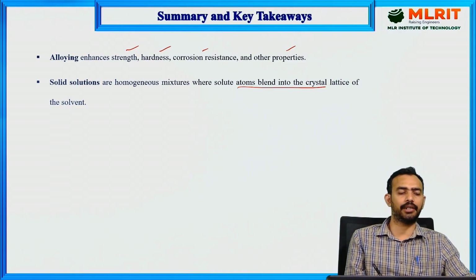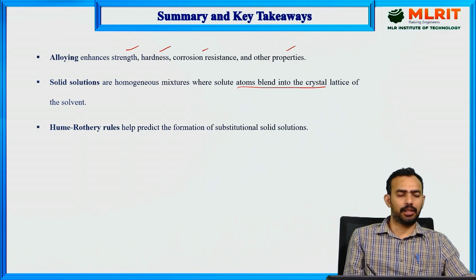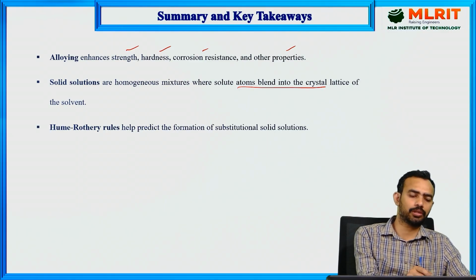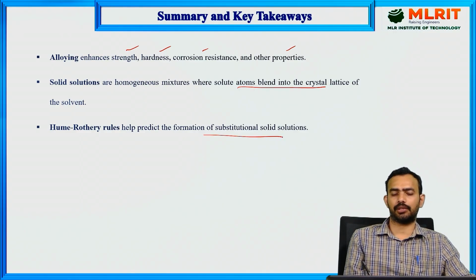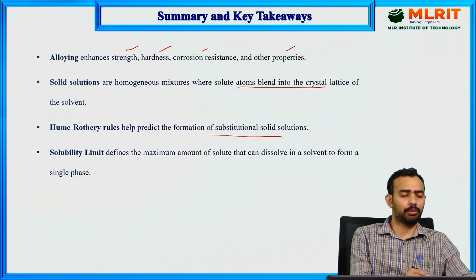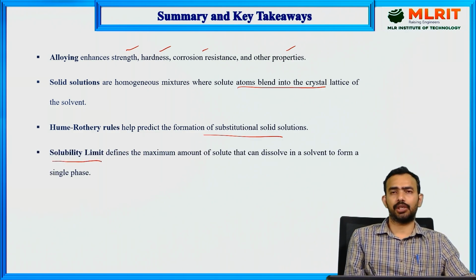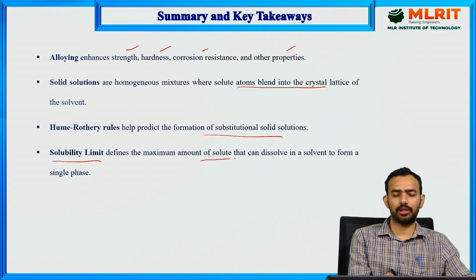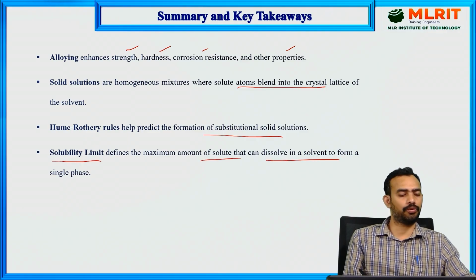We have defined it and seen the different types of solid solutions. Then we have seen certain rules for predicting the formation of substitutional solid solutions, the four rules of homogeneity. Then we have talked about the solubility limit, which defines the maximum amount of solute that can dissolve in a solvent to form a single phase alloy.